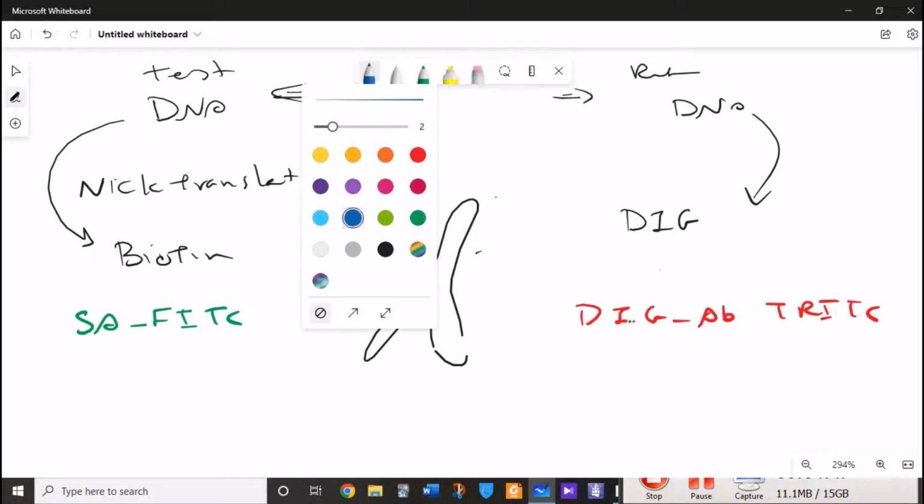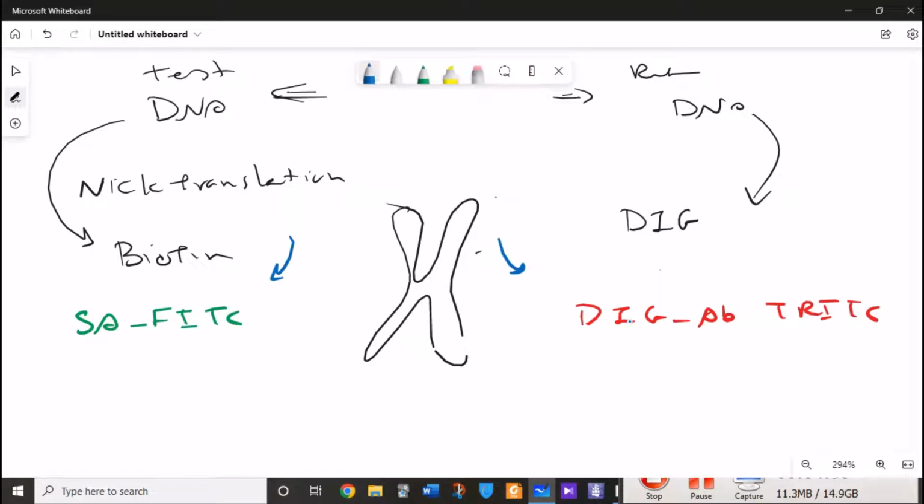So we have two populations of DNA with two different dyes.